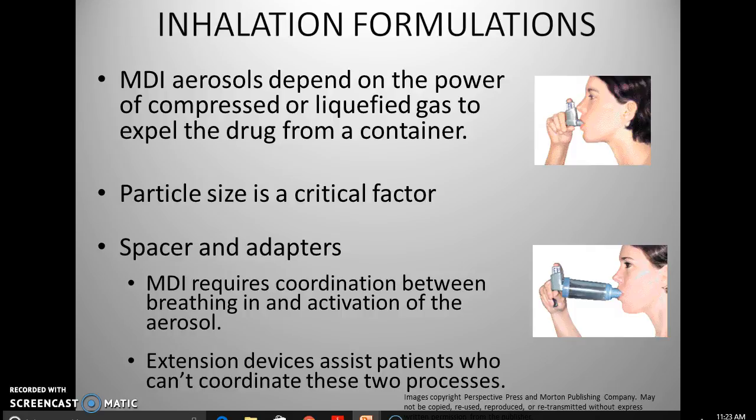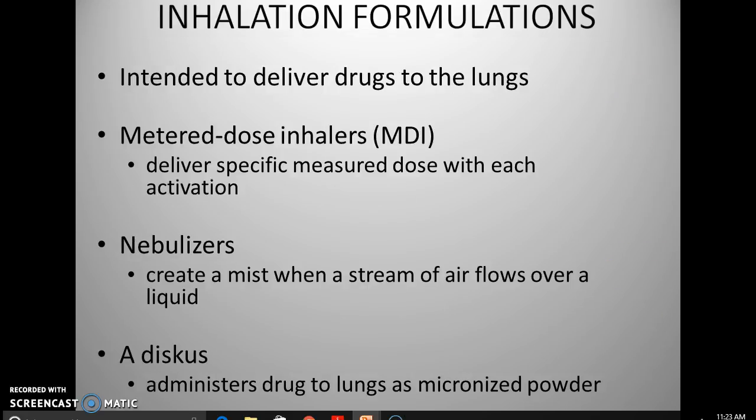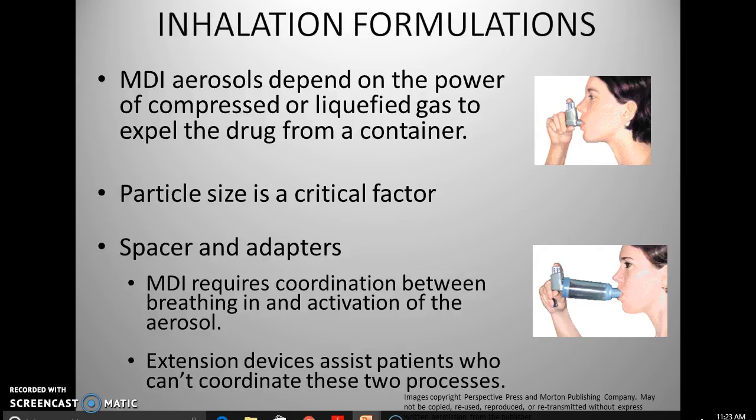Okay, so again, looking at the term associated with MDI, metered dose inhalers. You're looking at two different types over here, and other types over here. Here we have a tubular piece that directs the medicine through the mouth into the lungs, but the main dispenser looks about the same.